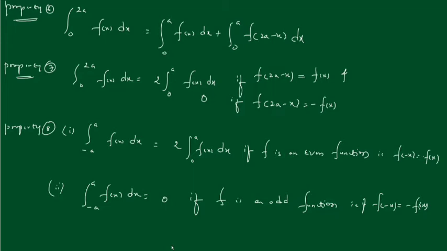So these are 8 properties which are useful in solving, or you can evaluate the definite integrals easily by using these important properties of definite integrals. With the help of these properties, we can evaluate the definite integrals easily. So let's see the proof for these.